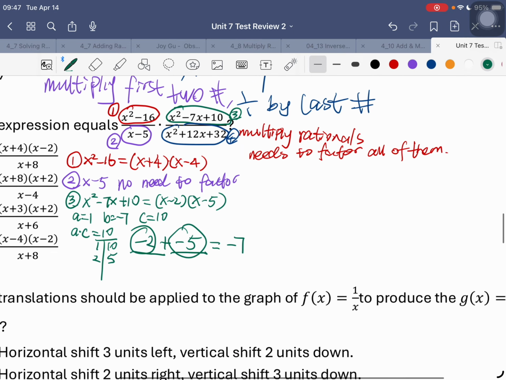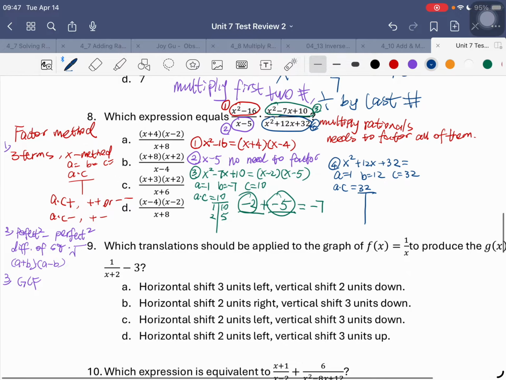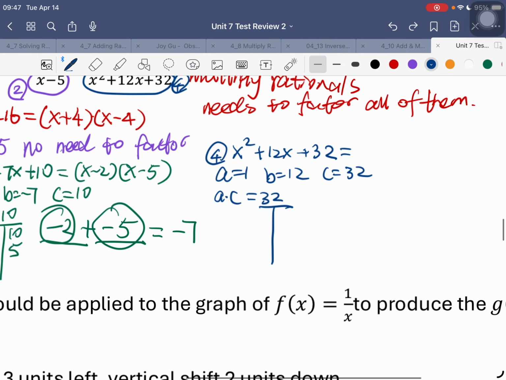Now let's look at 4. 4 is x squared plus 12x plus 32. What method do I use? Yes, the x method. And a equals 1, b equals 12, c equals 32. Then we need to find AC, which is 32. Okay, AC is positive, so both factors need to be positive or both negative.